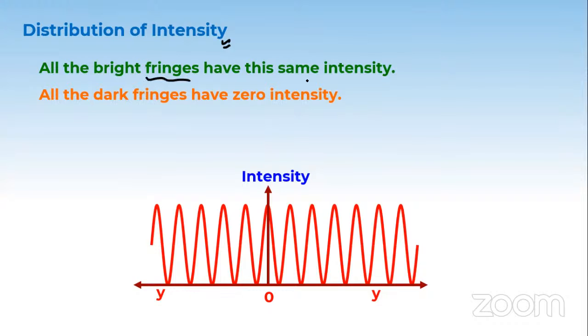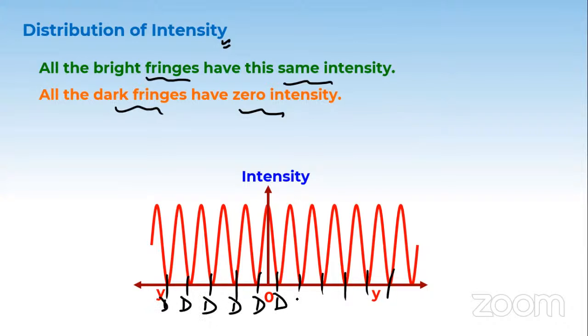All the bright fringes have the same intensity, and all the dark fringes have zero intensity. These are dark fringes. These are bright fringes.